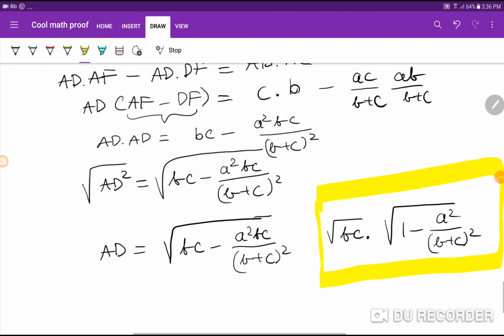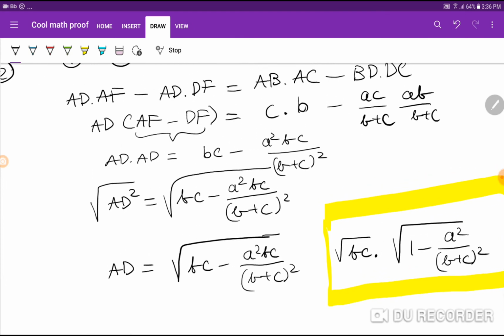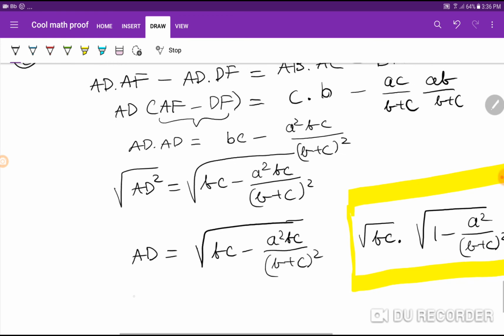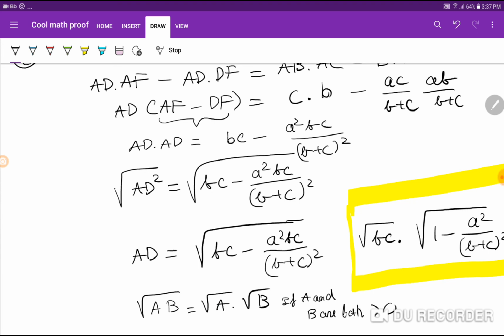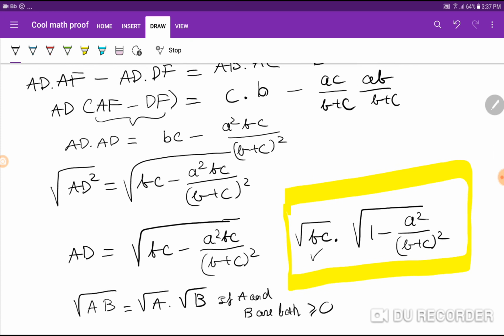Oh, one very important thing. You can only do square root of A times square root of B, I apologize, you can only do square root of AB equal to square root of A times square root of B if A and B are both greater or equal to 0. Okay, so you have BC here, this is greater or equal to 0, and this one is also greater or equal to 0 because B plus C is always greater than A. This is the triangle inequality.